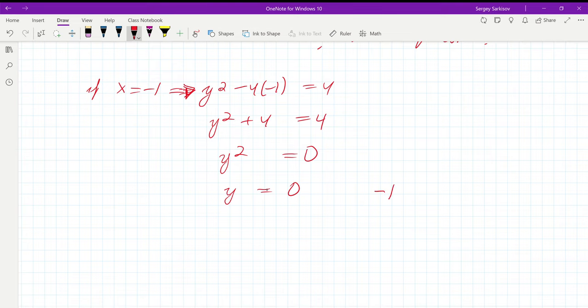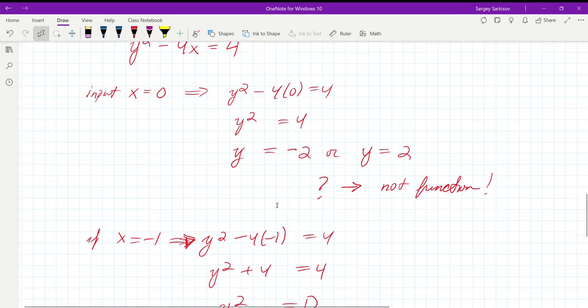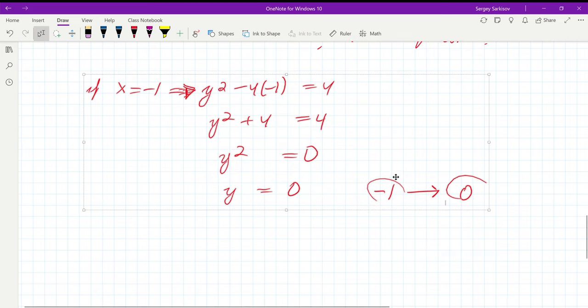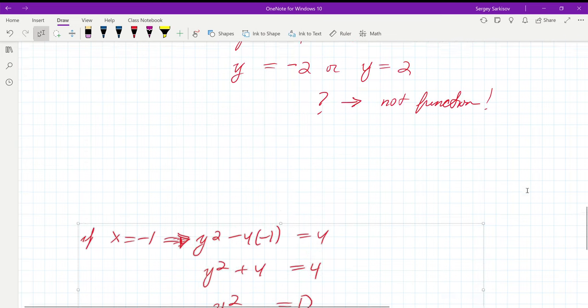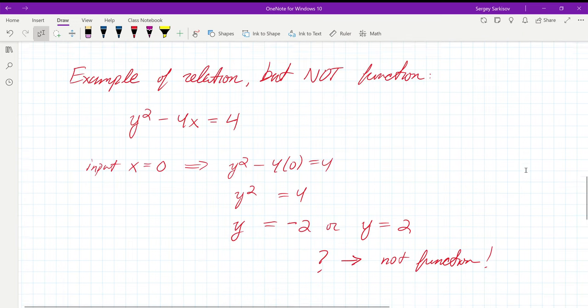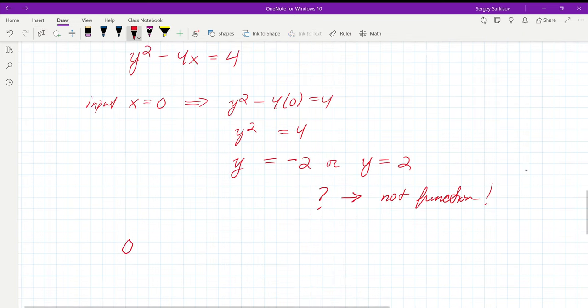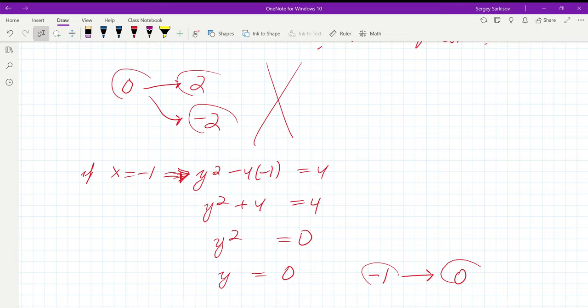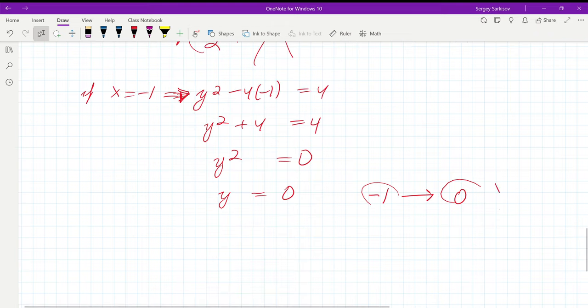Negative 1 went to 0 specifically, right? But we know from the last counterexample that x equals 0 goes to 2, or potentially negative 2. And that was an issue, right? We cannot have that. So that's where the error arises. This is okay for a function, but the problem is you have to have everything like that to make it a function.